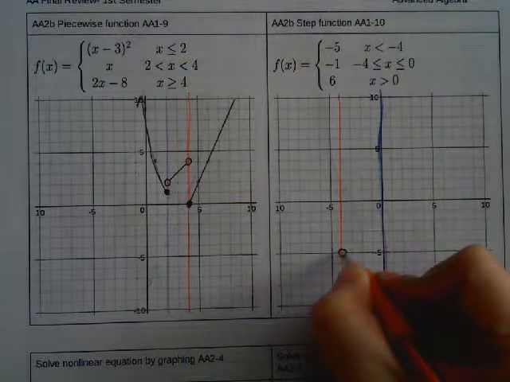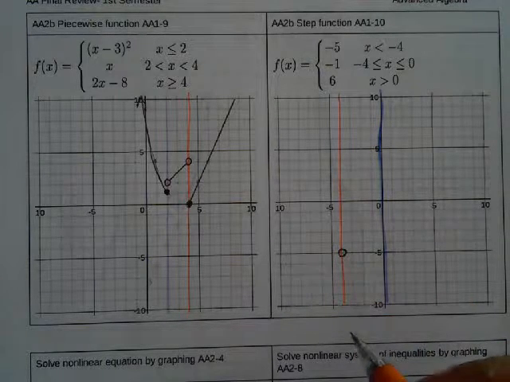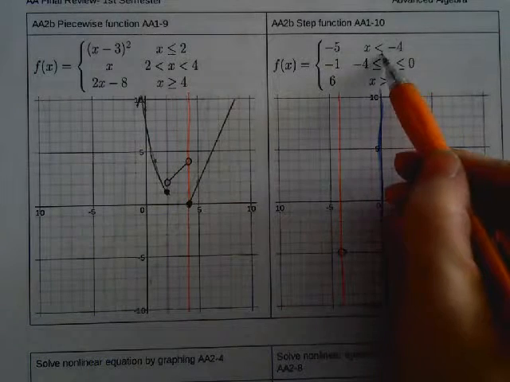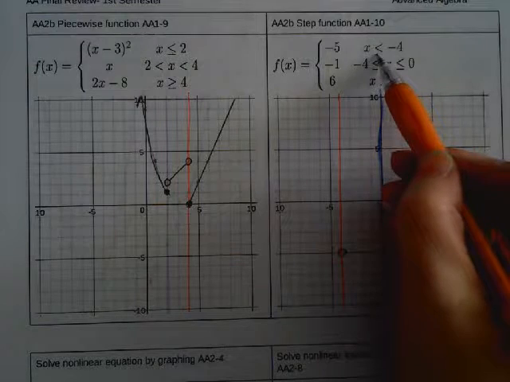And then the last one is at 6, where x is, what does this say? X is greater than 0. So I'm going to go up to where y equals 6. Make an open or a closed circle? Open.